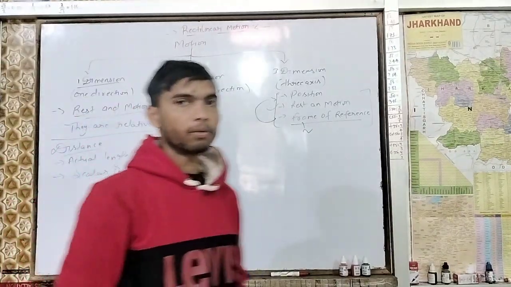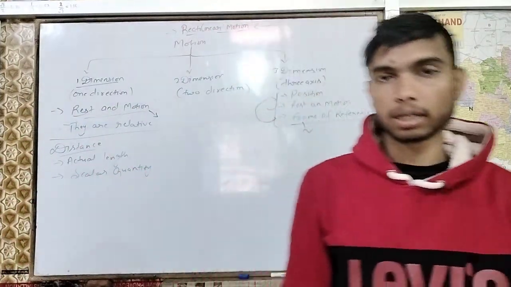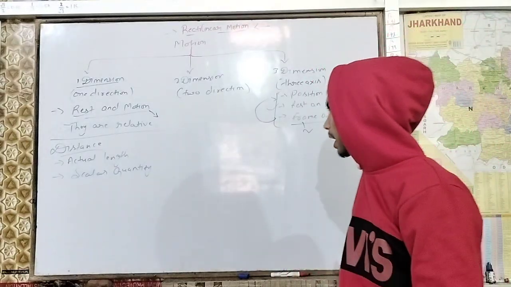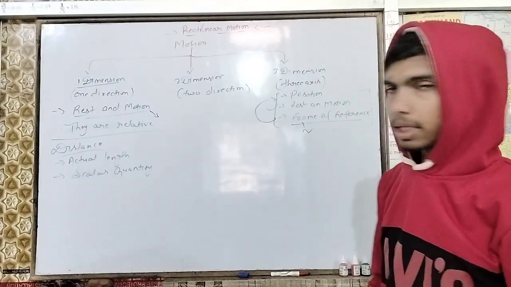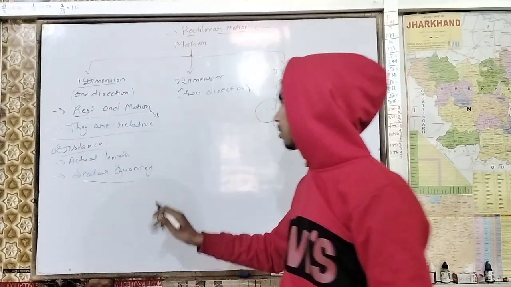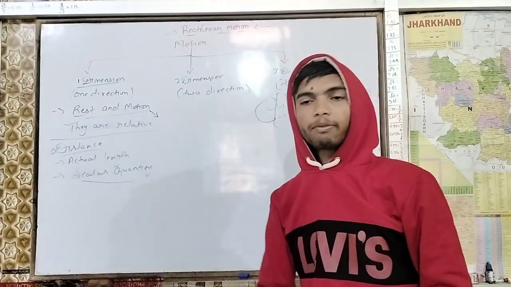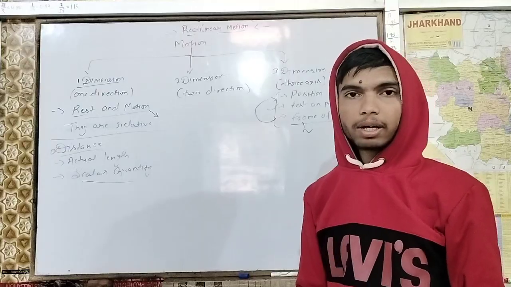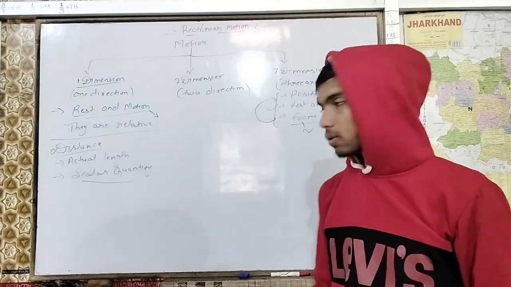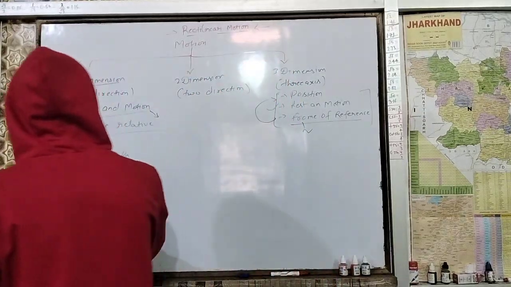Actual path means we take all the lengths covered by an object. That is known as the actual length. Distance is a scalar quantity because it does not provide a direction.